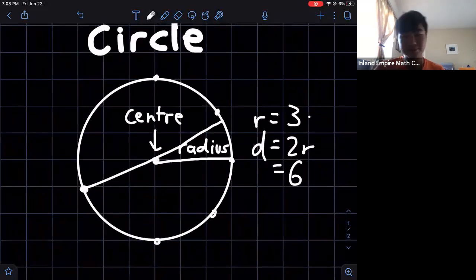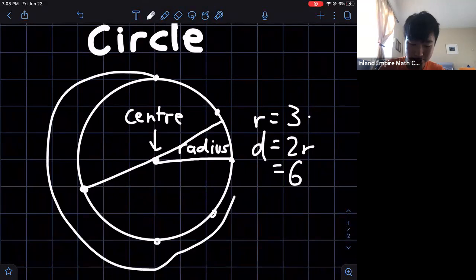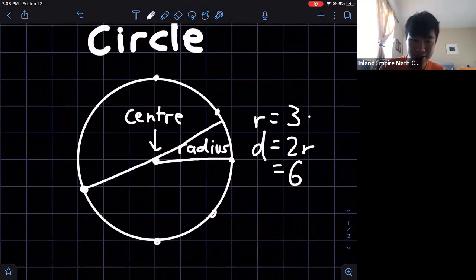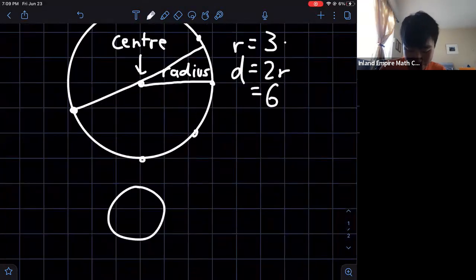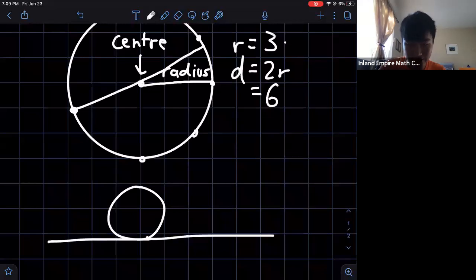Okay, so now that we have this idea set, we can also look at the circumference. The circumference is the distance all around this entire circle. You can think about it as if you unwind the circle.